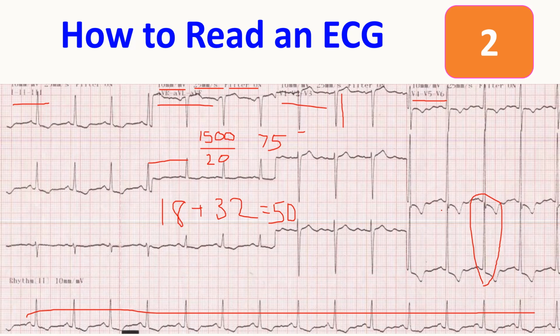Another striking feature seen here is that the ST segment is depressed. Normally the ST segment should be here. It is depressed. It is a down-sloping ST depression with convexity upwards. This is the classical strain pattern type of ST depression.